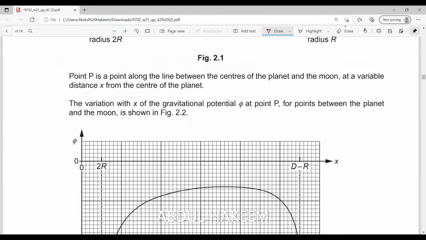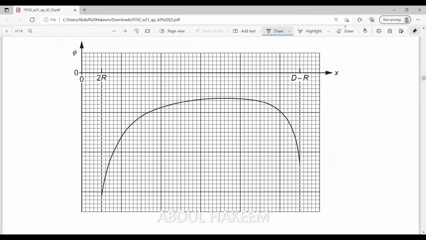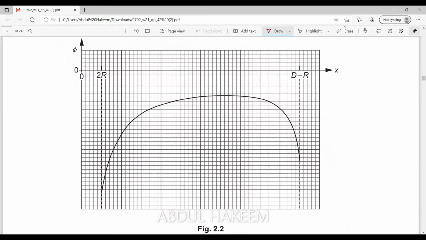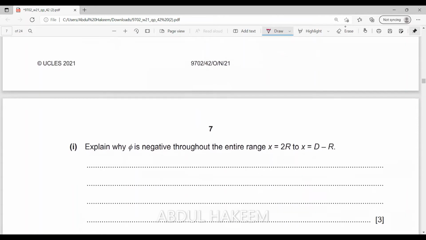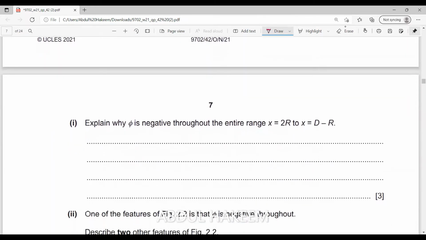The variation with x of the gravitational potential at point P for points between the planet and the moon is shown. So this is the gravitational potential against distance graph. The question is: explain why phi is negative throughout the entire range from x equals 2r to x equals d minus r. So, 3 points.